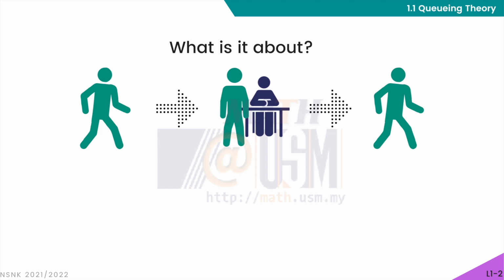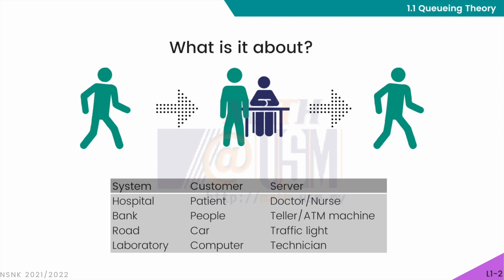An example of a queuing system, with the customer and server in the system, can be the hospital, the simplest example, where the customer is represented by a patient and the server that will attend to the customer can be represented by a doctor or nurse.